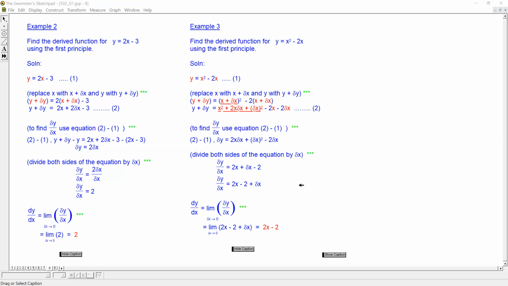Okay or not? So you are left with all the terms involving the delta. So what is the next step then? After you do equation 2 minus equation 1, what is the next step? Divide with delta x. Correct. Now, when you divide with delta x, can you do it mentally or do you have to write out divide delta x, divide delta x there? No need. You just do it inside your head.